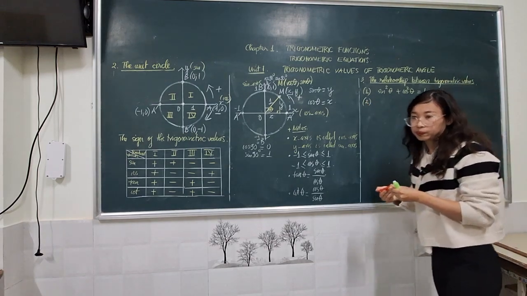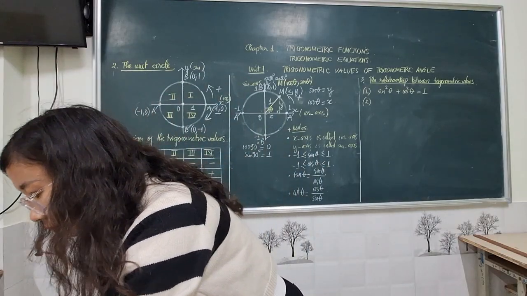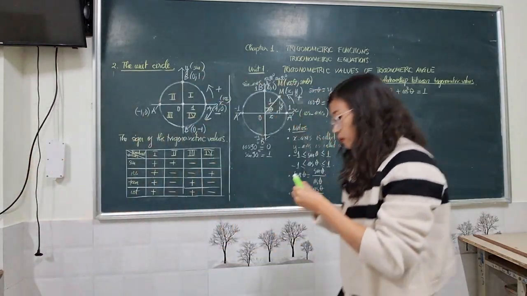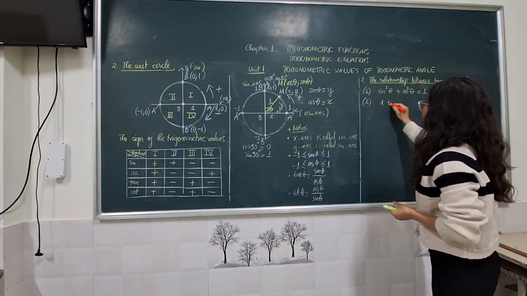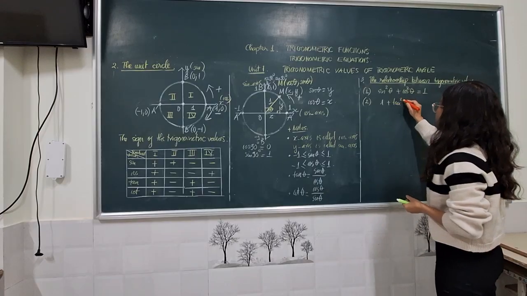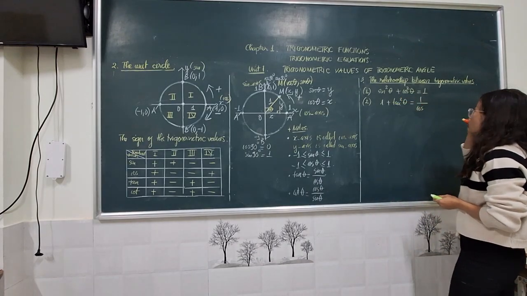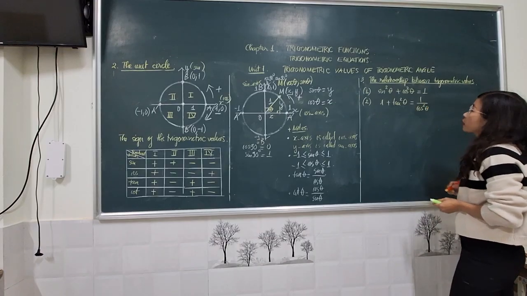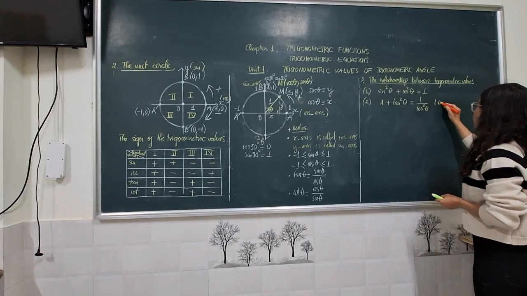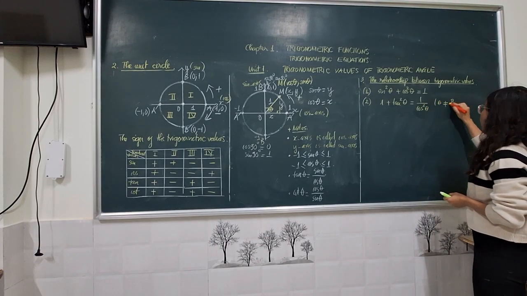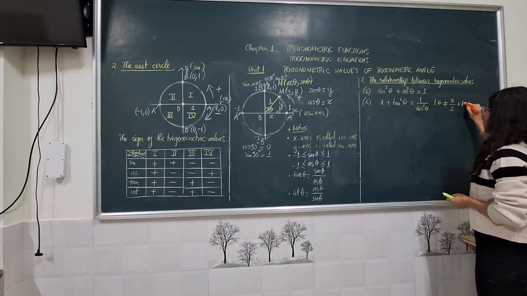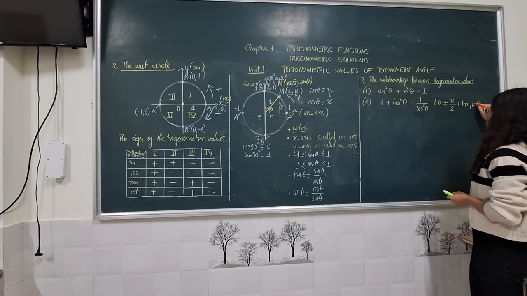Identity 2: 1 plus tangent theta squared equals 1 over cosine theta squared, with theta not equal to pi over 2 plus k pi, where k belongs to the integers.